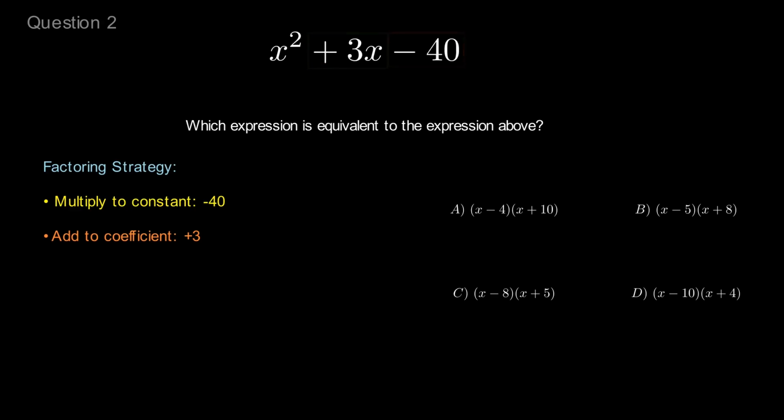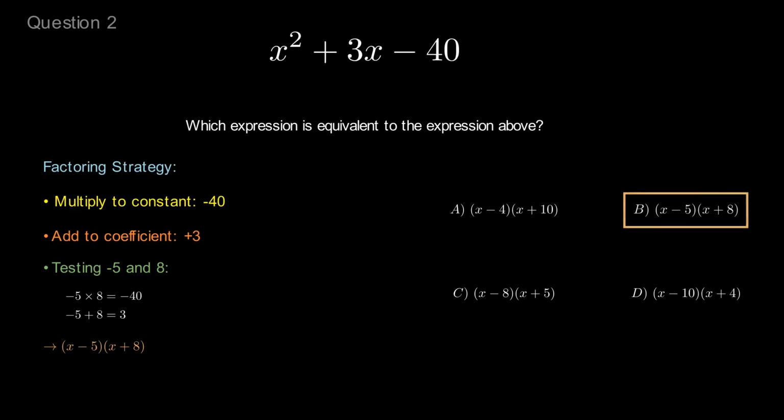Let's test negative 5 and positive 8. Negative 5 times 8 gives us negative 40, and negative 5 plus 8 gives us positive 3. This works perfectly. So, our factored form is x minus 5 and x plus 8. Looking at our choices, this matches option B, so B is the correct answer.